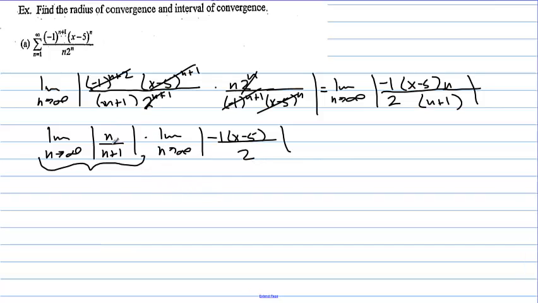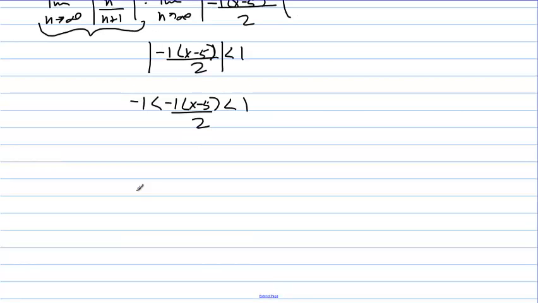And if this series is going to converge, then negative 1 times (x minus 5) over 2 must be less than 1. That is, the absolute value of this must be less than 1, so you can say that negative 1 is less than negative 1 times (x minus 5) over 2 is less than 1. Now we just need to get x by itself. Well, let's multiply by negative 2.